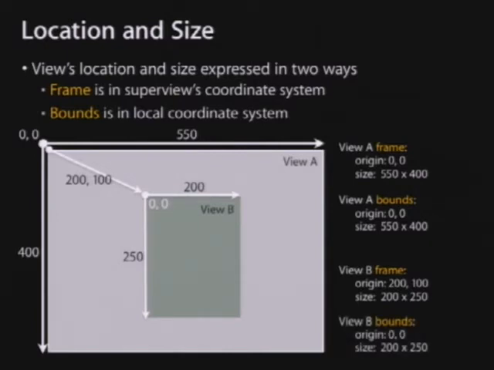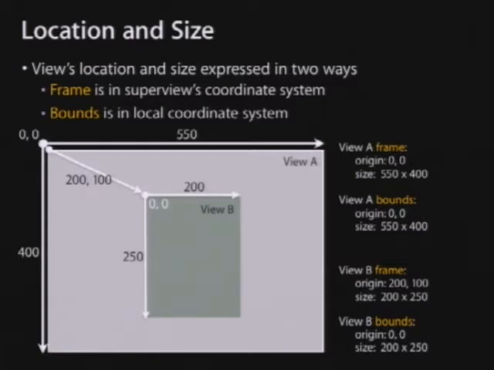So let's look at that again. In this case, view B, its origin is its own top left corner in its bounds. But its frame is 200 by 100 from its parent. Does that make sense? So there's really 2 different frames of reference here. One is with respect to how it's positioned to its parent. The other one is how it looks to itself.